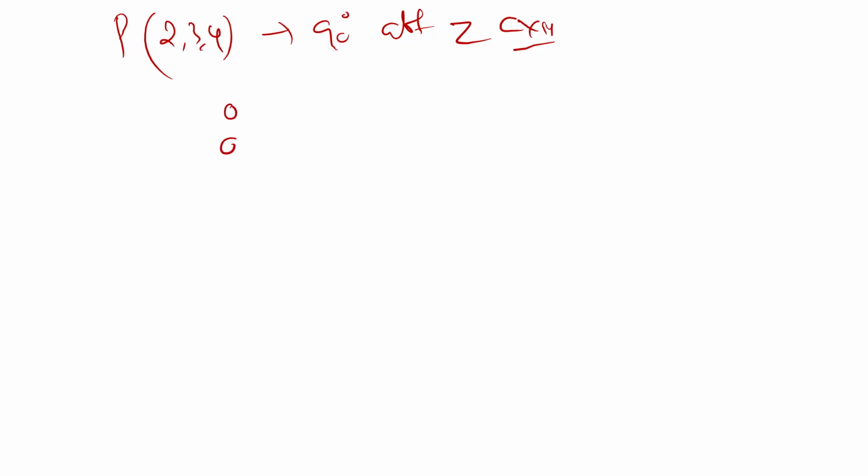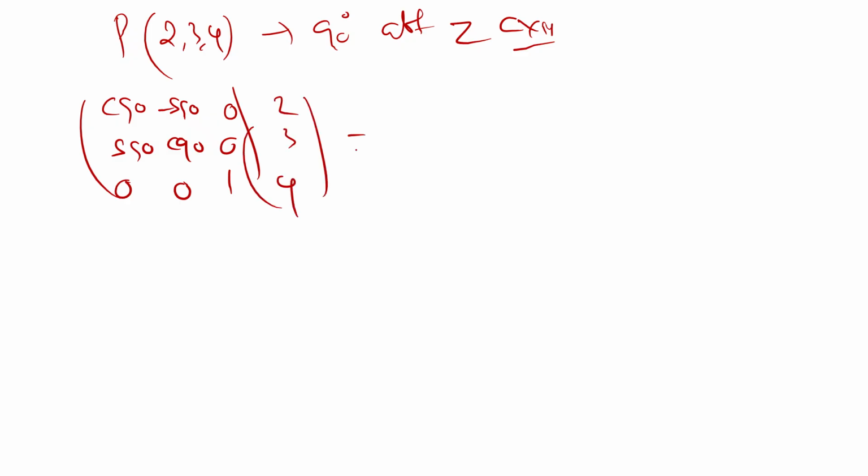So then, a similar point, let's take the same point, 2, 3, 4. This is rotated 90 degrees about the z-axis. So this matrix is cos 90, minus sin 90, 0; sin 90, cos 90, 0; 0, 0, 1. That should be multiplied by 2, 3, 4. Cos 90 is 0, minus sin 90 is minus 1, sin 90 is 1, cos 90 is 0, then 0, 0, 1.